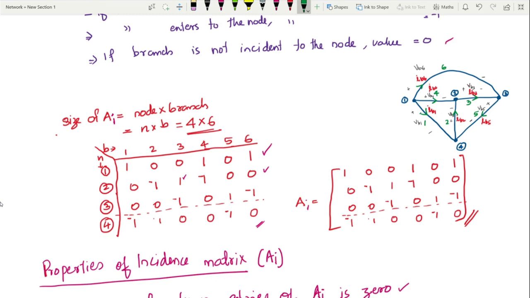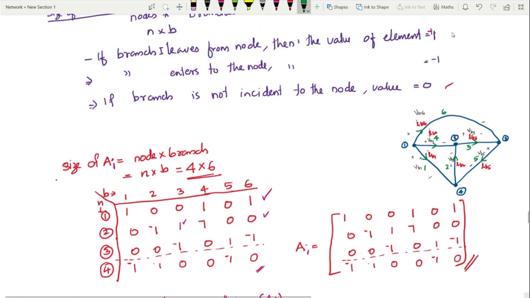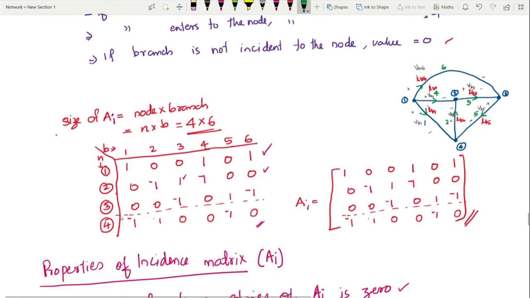So the sign of these currents is taken as +1. So corresponding to branches 1, 4 and 6, the entries are +1, and the branches which are not connected to node 1 have entries taken as 0. So this is corresponding to node 1.